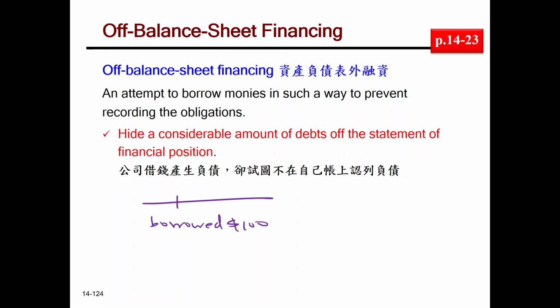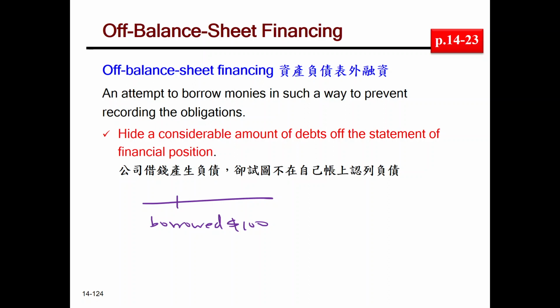You use different ways to make this $100 not on your balance sheet. So investors and others will not find out the liabilities on your financial statements. Okay? Then how to do that? Since you don't want to put the liabilities on your financial statements, you try to put the liabilities on other companies' books.